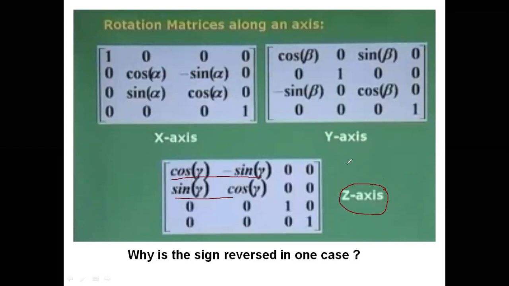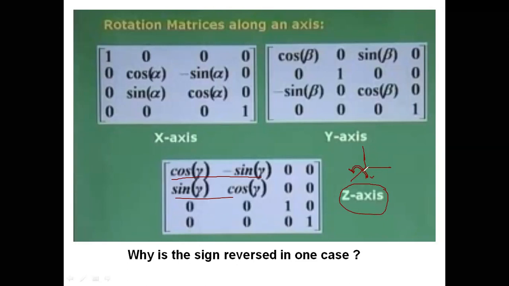Earlier, what was the equation we used? If we are rotating an object about the z-axis, the z parameter will not change, only the x and y values will change.